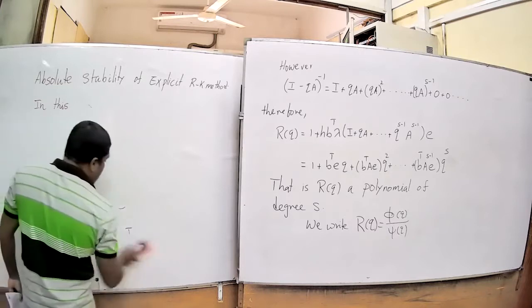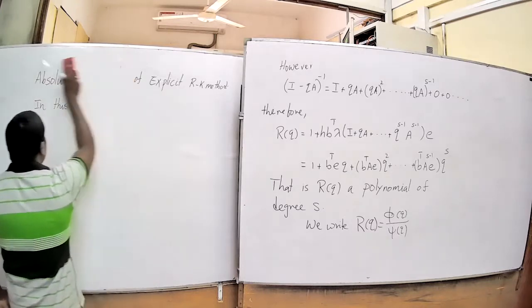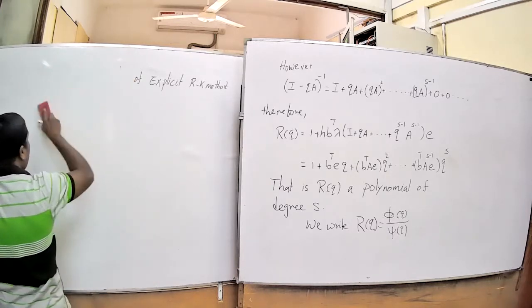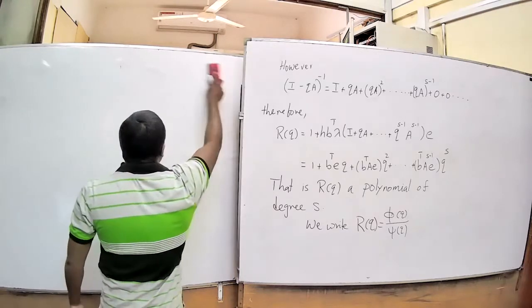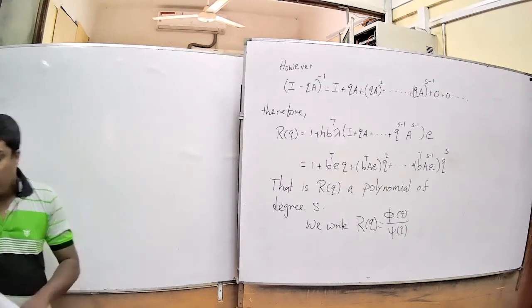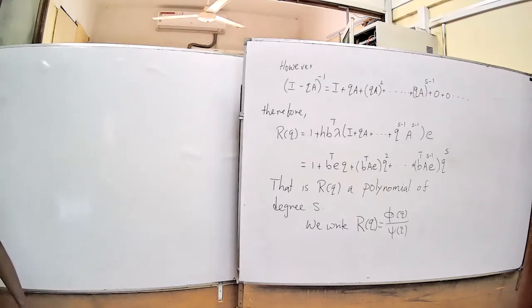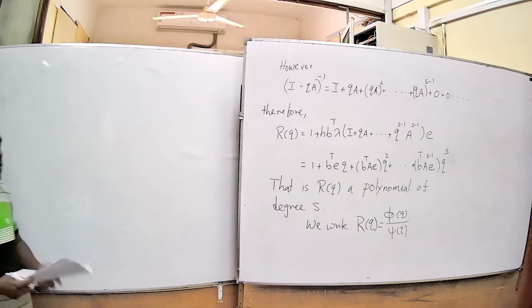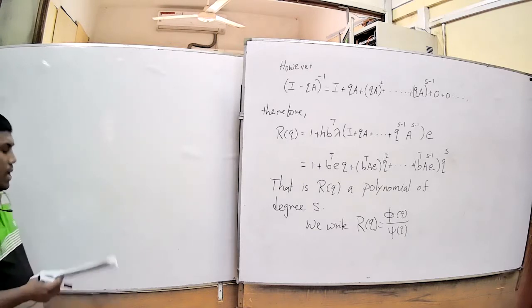So now what we do is we try to prove the condition for the absolute stability. In order to get the absolute stability, you have to apply the method to the initial value problem y prime is equal to lambda y, right?